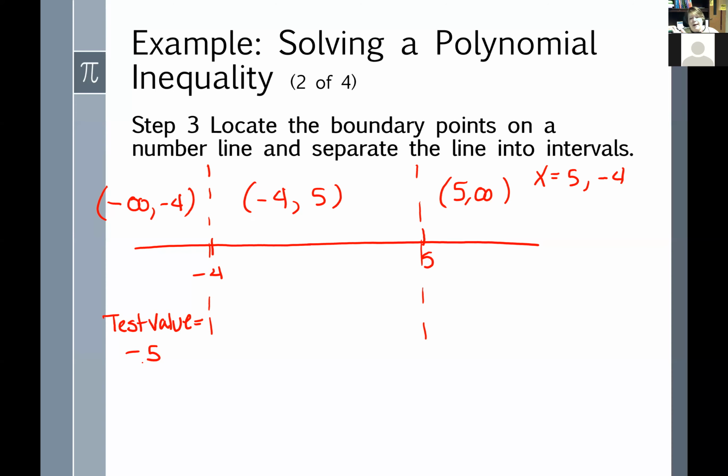In the next interval, you can pick any number that you want that's between -4 and 5. Now I suggest, if you can, pick 0. That's the easiest thing to evaluate. So I'm going to pick a test value of 0 because 0 is between -4 and 5. And then in the third interval, anything that's bigger than 5. So we're going to pick 6.